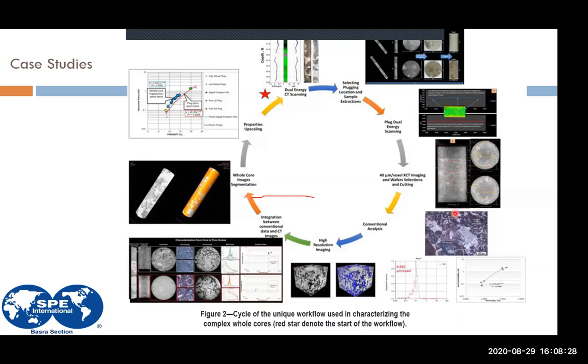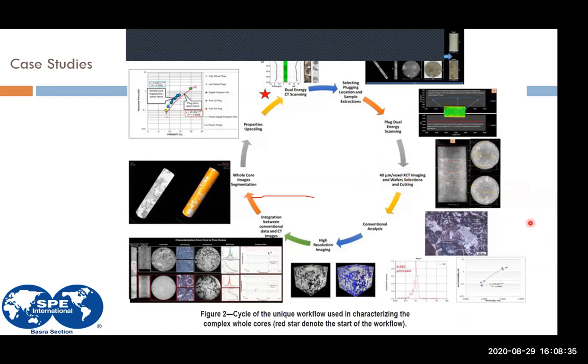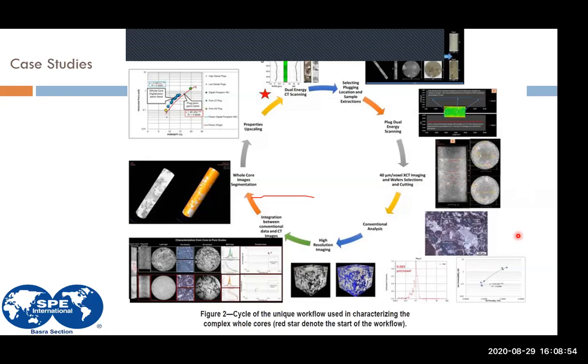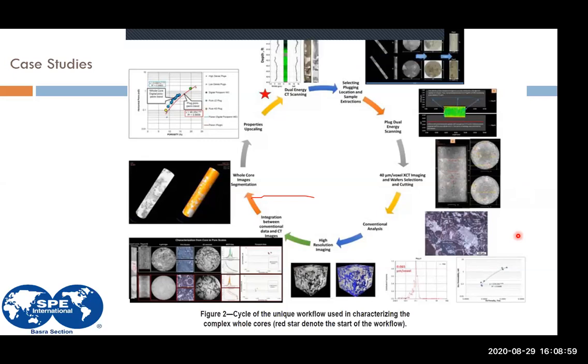So we can perform a high resolution acquisition, in this case 40 micron voxel. It's enough to get an overview of your sample, of your plug. Once you extract this plug, you can perform this 40 micron voxel acquisition. And then you can select what we call wafers, specific regions that you can use to perform, for example, MICP experiments, or at least to cut a small sample to perform thin section analysis, for example SEM, EDS.